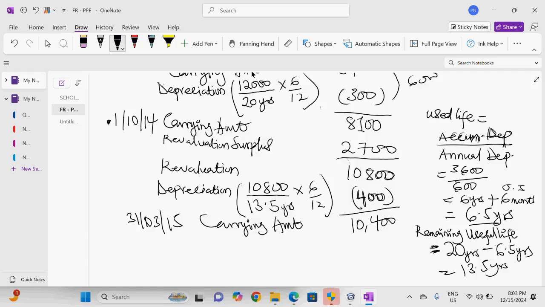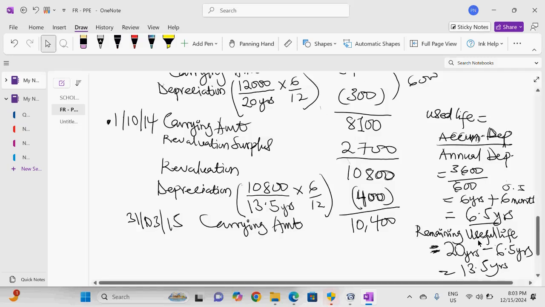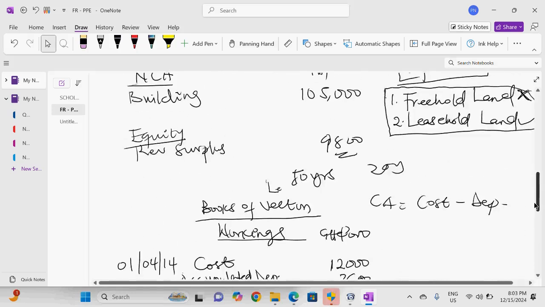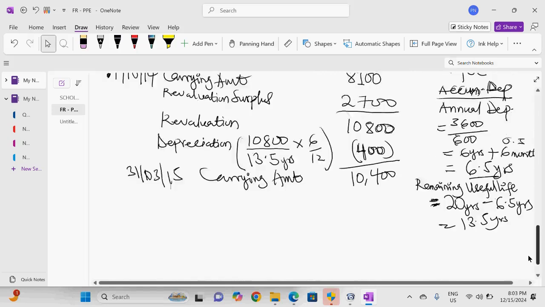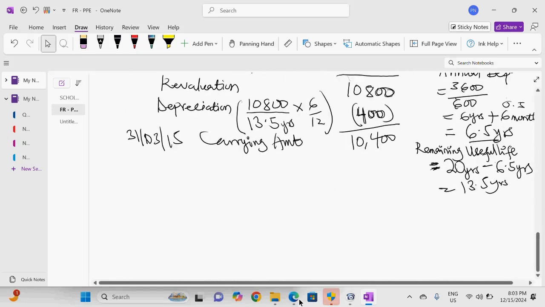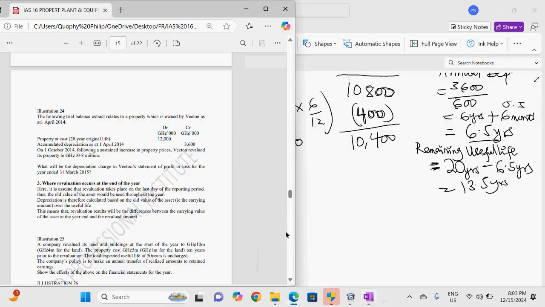In the note, did we read something like that? Under excess depreciation. Did we talk about excess depreciation?